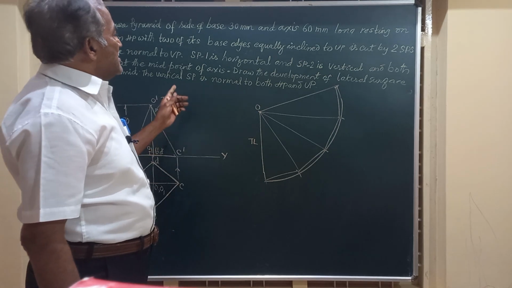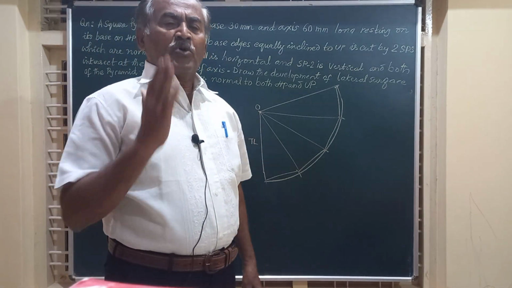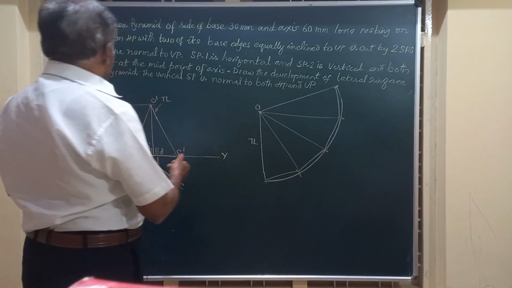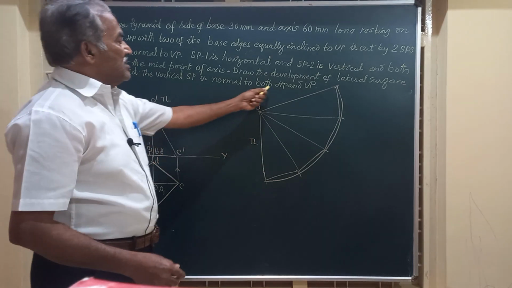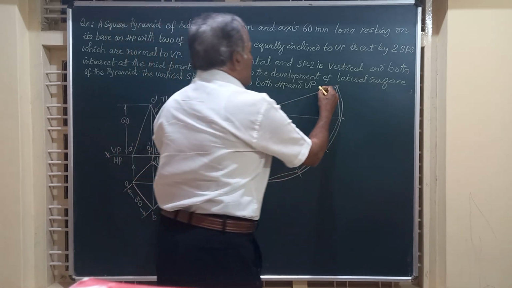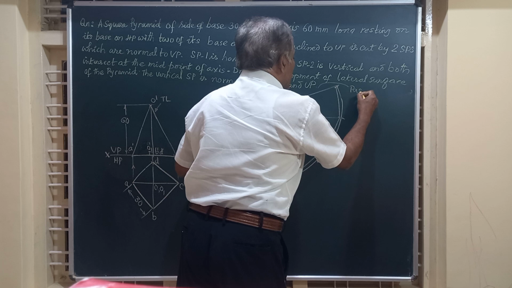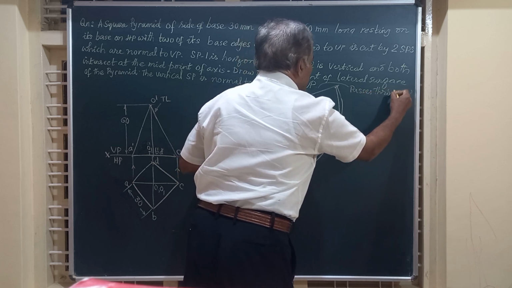So friends, he said it is cut by two section planes. One is horizontal and the other one is vertical. The vertical section plane is perpendicular to both HP and VP, and passes through the vertex.